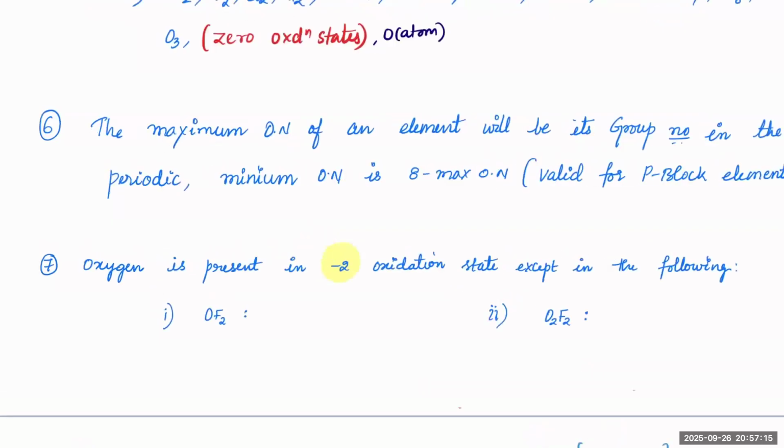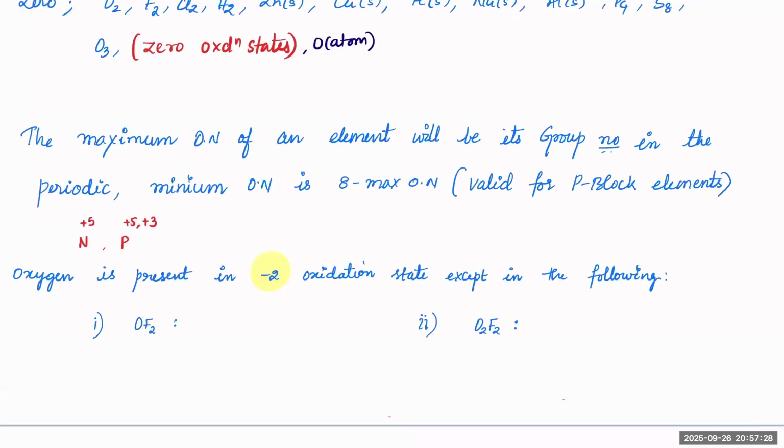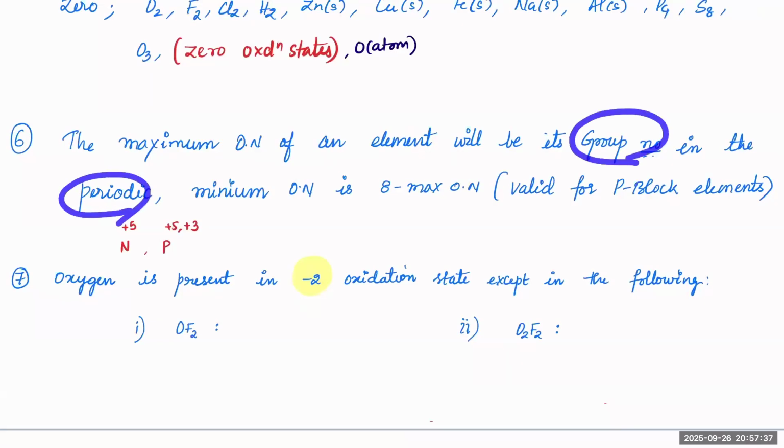What I'm trying to say is that nitrogen can show +5, while phosphorus can show +5 and +3 also. So here you can notice the maximum oxidation state is its group number. But group number is actually 15, so how come it is 5?